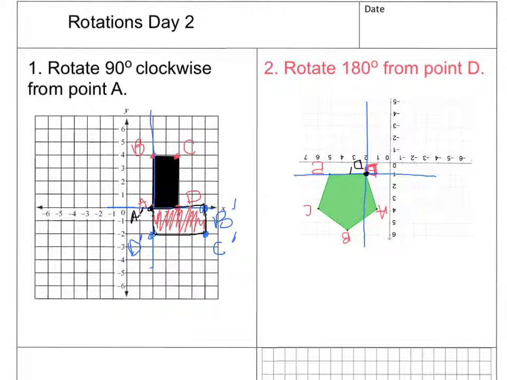If you want, go ahead and take all the points other than D, because D already stays the same, and write them down. But it's a little bit complicated because you're using the blue as your X and Y axis. Remember, you're not looking at the other axis anymore. You're using the blue one as the X and Y axis. So it's just going to be a little bit more complicated for you to do that.